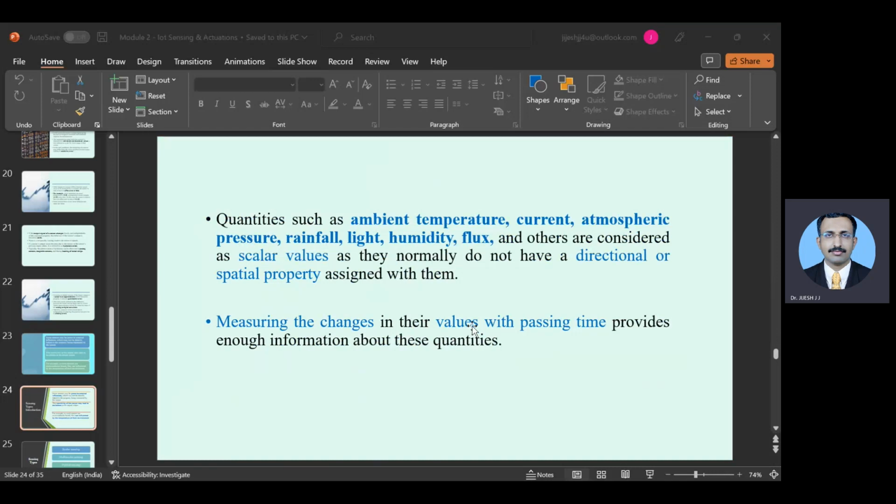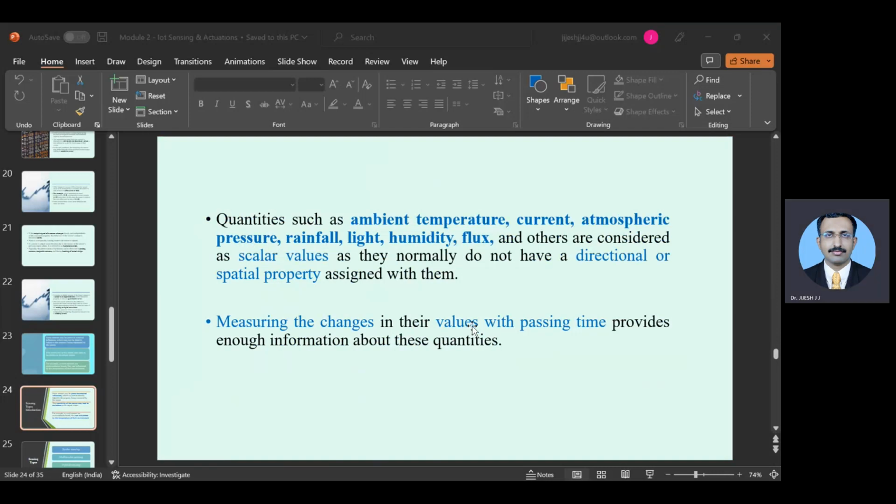For example, at 9 o'clock you have 25 degrees centigrade, at 9:10 you will have 25.02. So like that, each time it will be varying, and based on the time you can see there will be variance in the temperature as well. All these parameters can be measured.